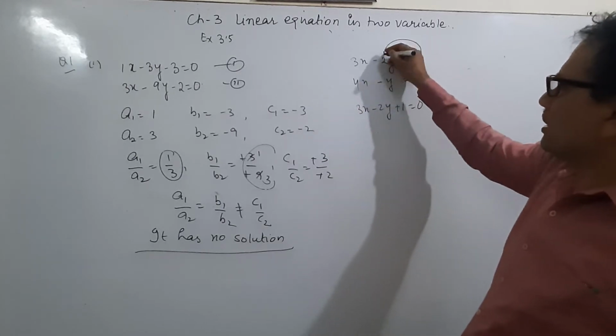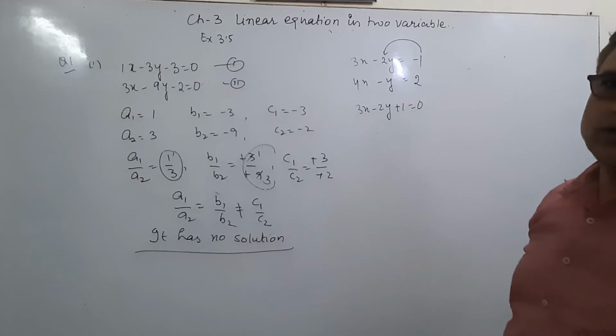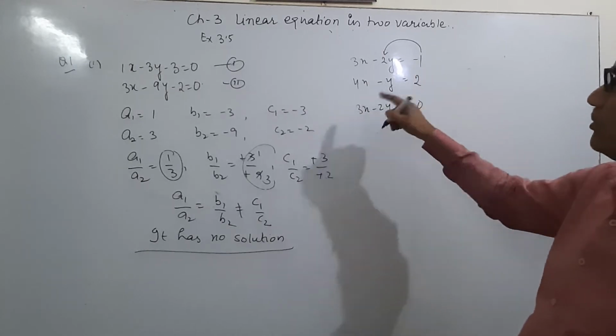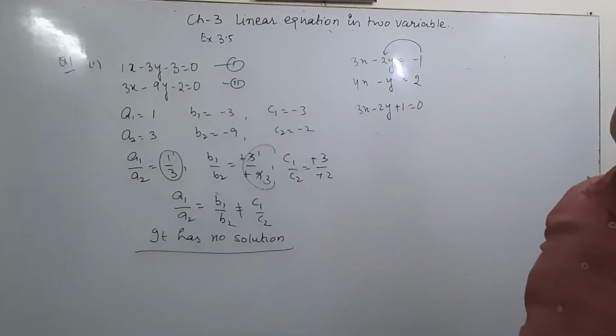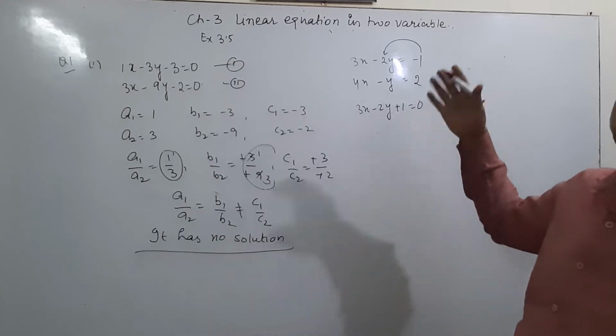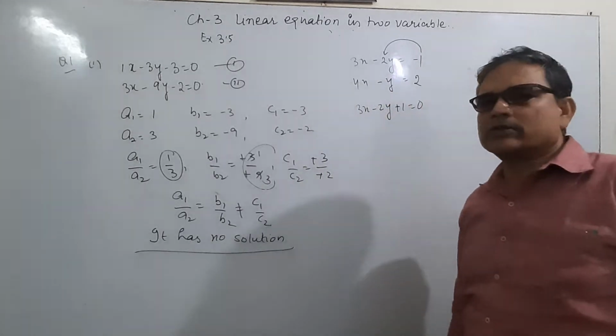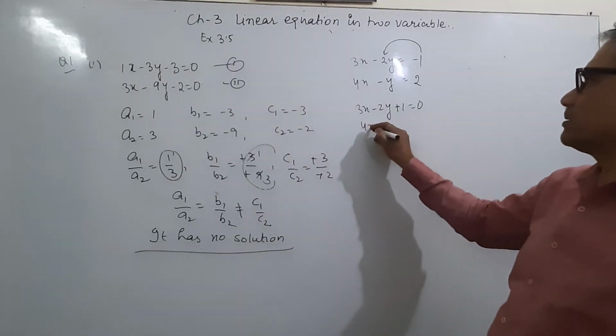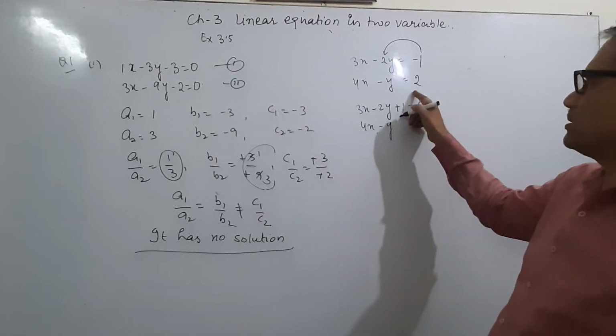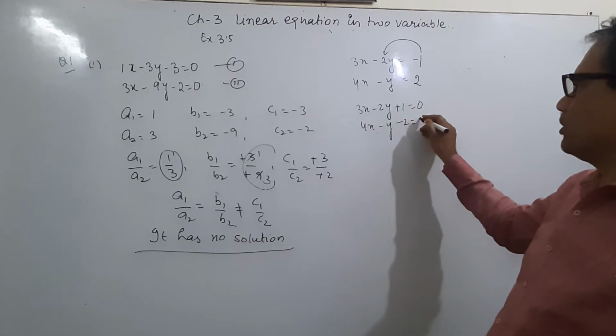This is minus, and here the sign will change. It is not compulsory that you have to transfer. We can do the direct method also, means without transfer. But I am explaining, you have to transfer it. And now 4x minus y, and here is plus, that will be minus 2 equal to 0.